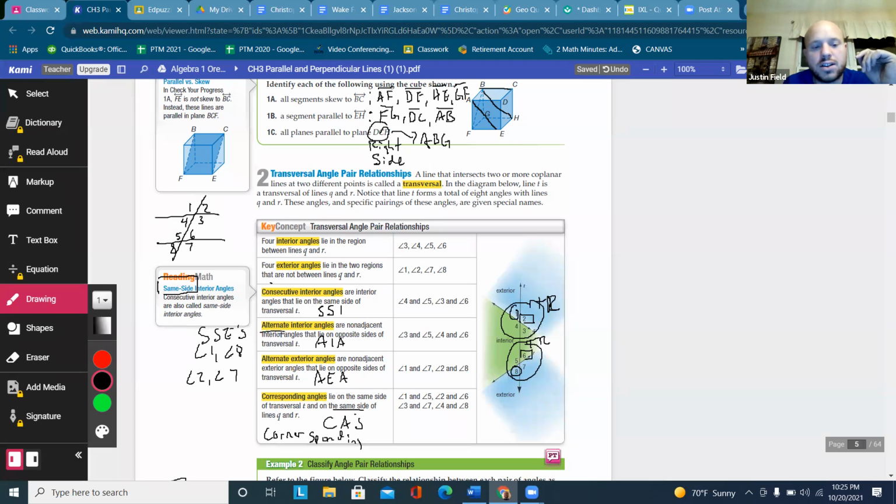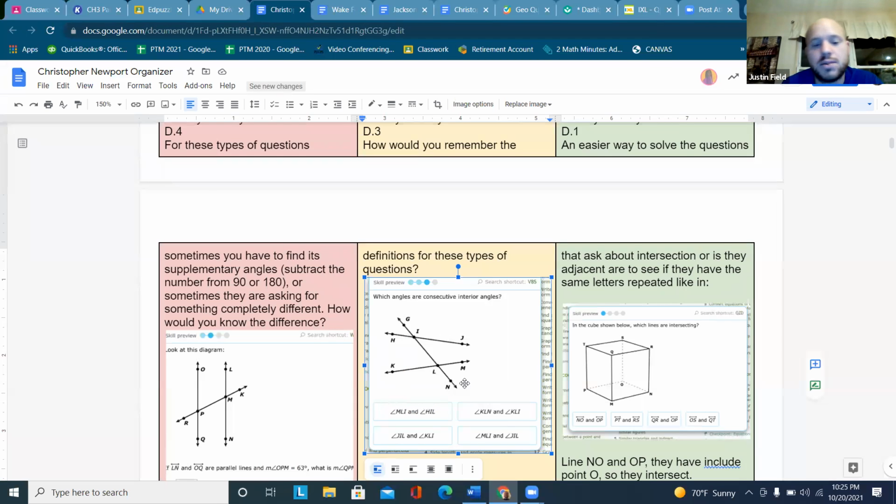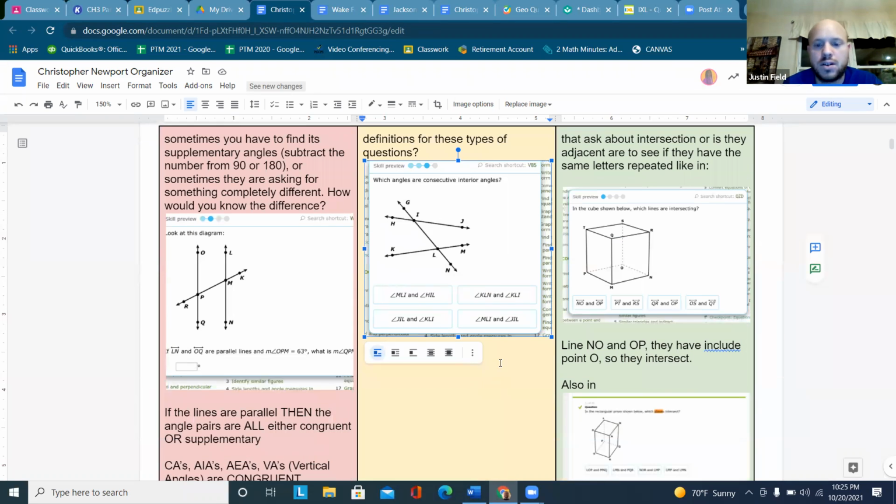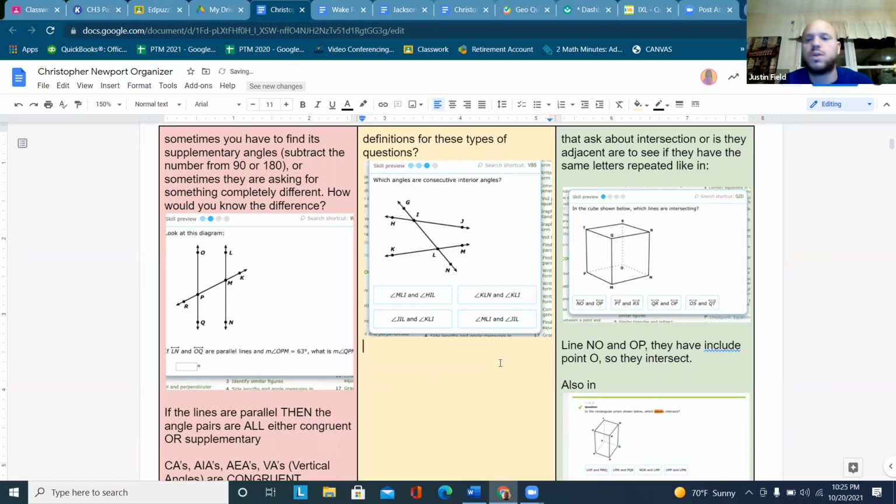Then the next thing I look at is, is it alternate or same side? I look at that transversal T here. One angle on one side of T and one angle on the other, or are they on the same side? That's how I remember it. After you practice it over and over a few times, you will also be able to remember.